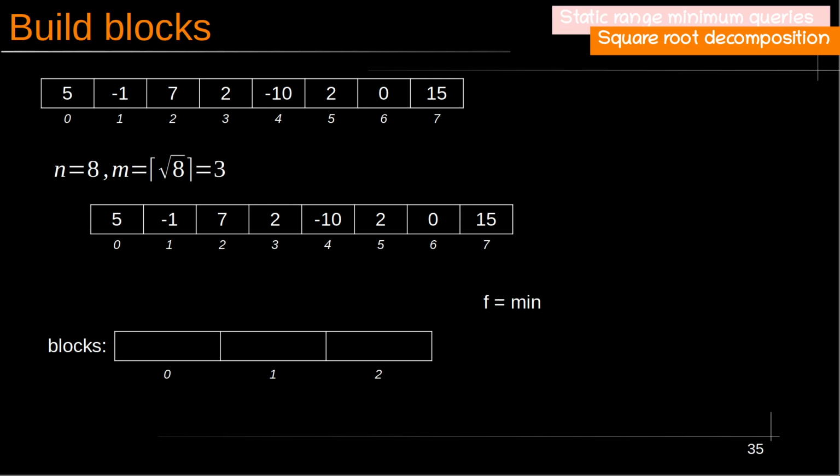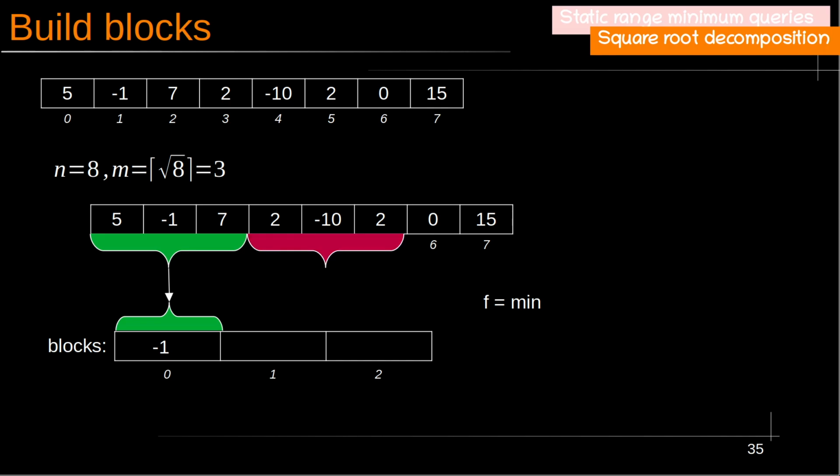So I divide the original array into blocks of 3 cells each. For the first 3 cells, I store their minimum in index 0 of the array blocks, which is -1.